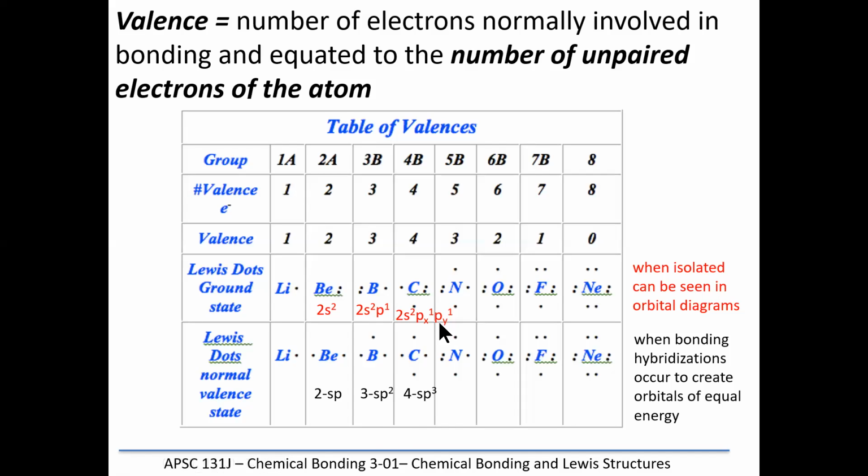In carbon, we can merge 3 of the p orbitals with an s orbital in the second energy level, and we get 4 equivalent orbitals that are hybridized into 4 sp3 hybridized orbitals for carbon. All of these hybrid orbitals have equal energies.